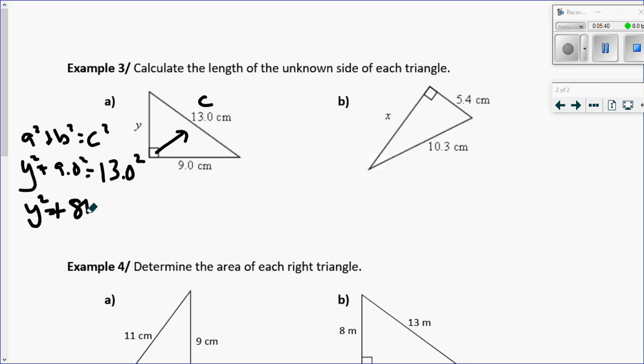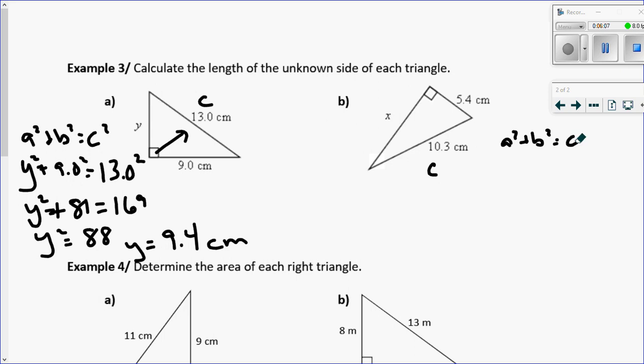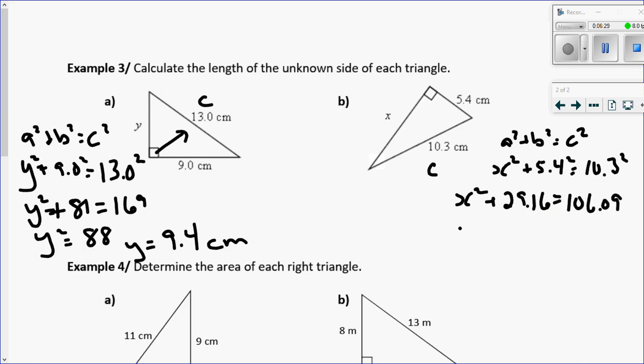Oops. Oh, forgot my units. There we go. Notice my algebra, I'm just doing it.